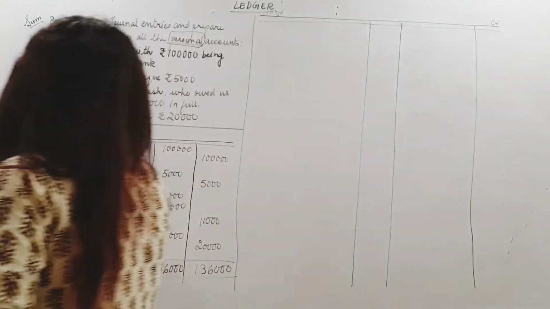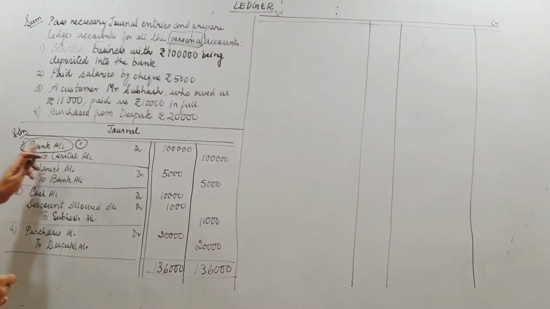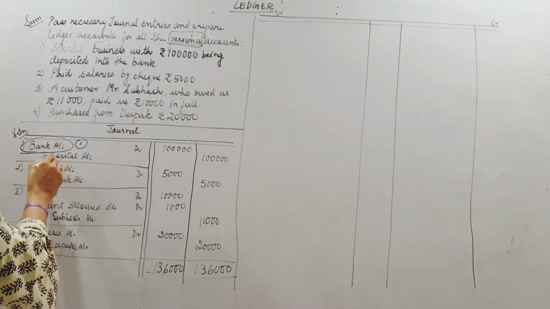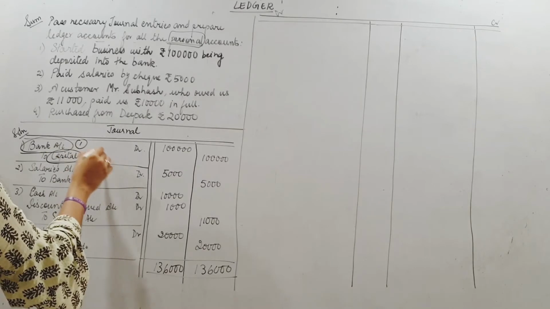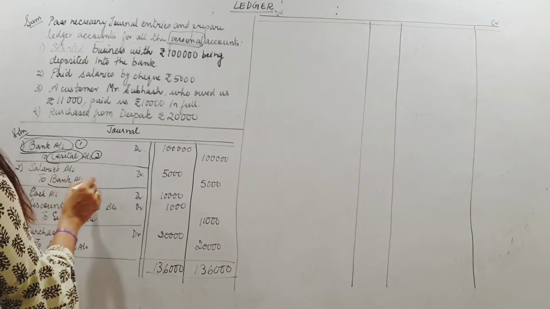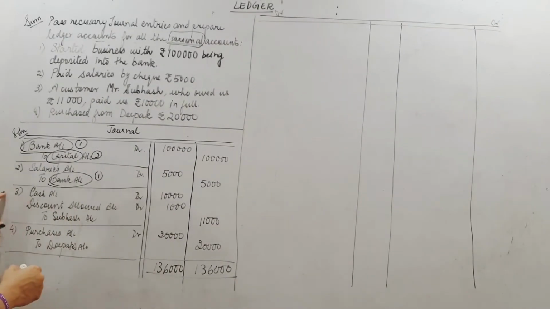Therefore, let us identify which accounts we will make. Bank account, number 1. Then capital is appearing. Capital is also a personal account of the proprietor. Wonderful. So this is the second account I'll make. Salaries is an expense, not a personal account. Bank, of course, this also goes to the same bank account. Cash is an asset account, so it is a real account.